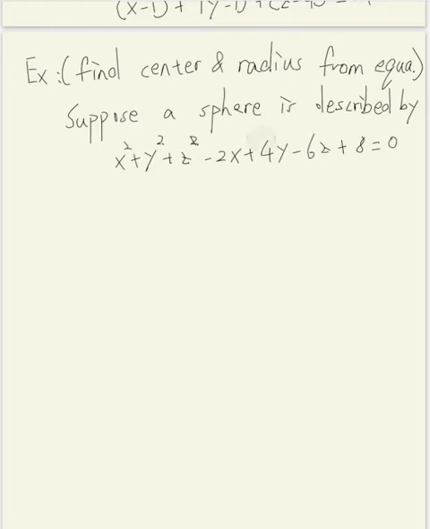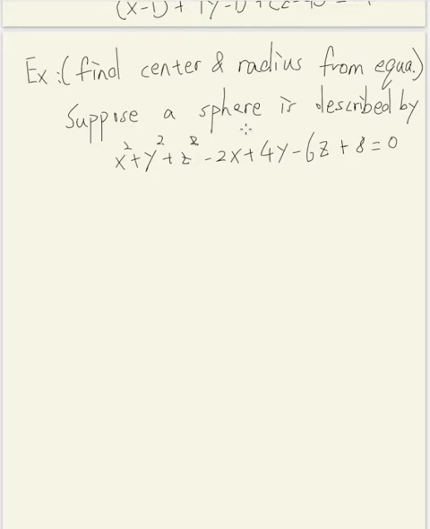Oh, that's a very bad z. We're given this equation, we want to find the center and radius of the sphere.